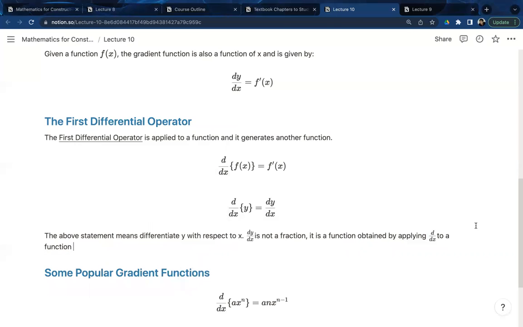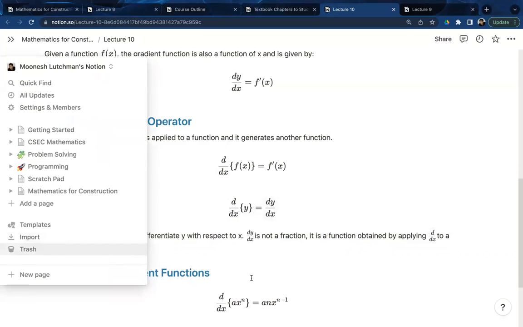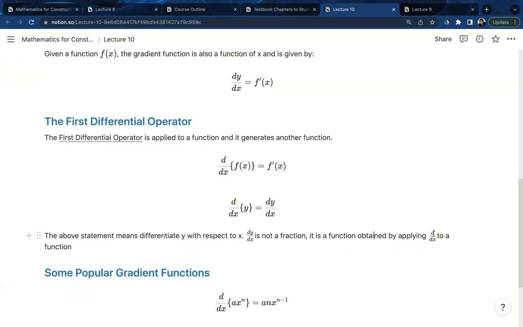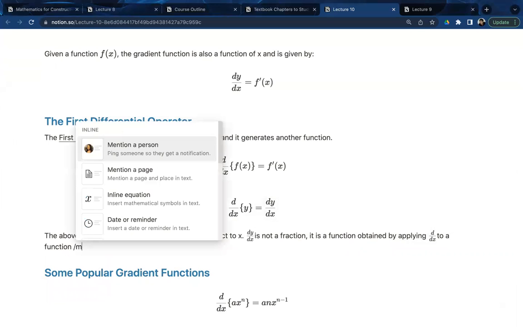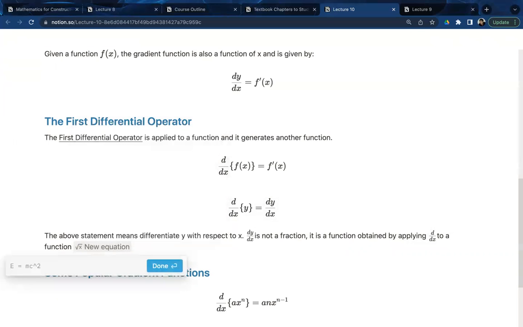Okay, so dy dx is not a fraction. It is a function and it is obtained from y, or f of x, by applying the operator to the function f of x.